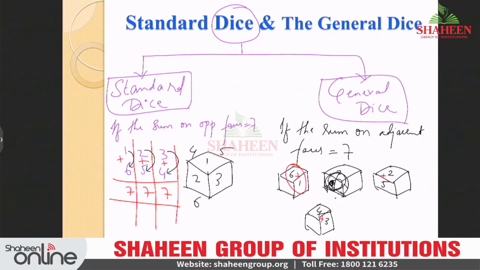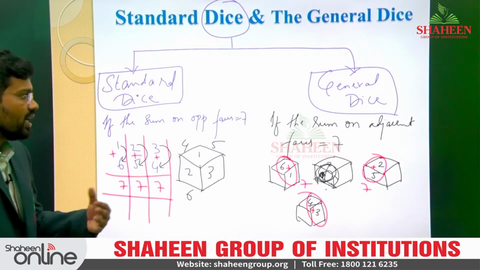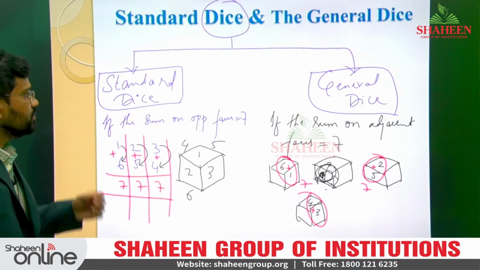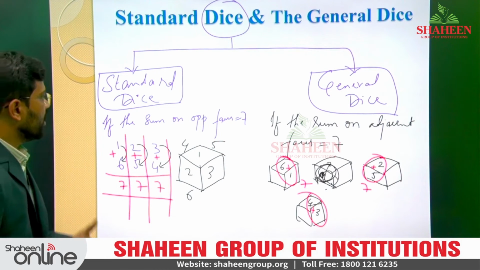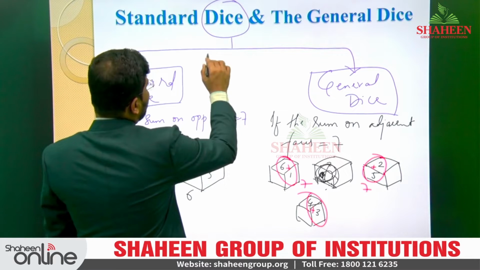So if the sum on the adjacent faces is equal to 7, then this type of dice is known as general dice.